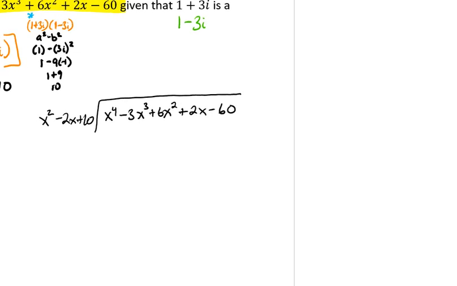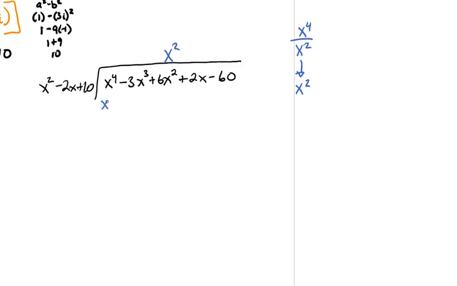So we're going to take our first term, which is x to the fourth, and we're going to divide it by x squared. So x to the fourth divided by x squared is going to give us an x squared. So we're going to put that on top of our squared term. Then we need to multiply to all three pieces. So x squared times x squared is x to the fourth.